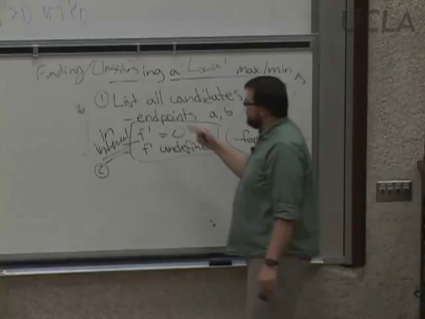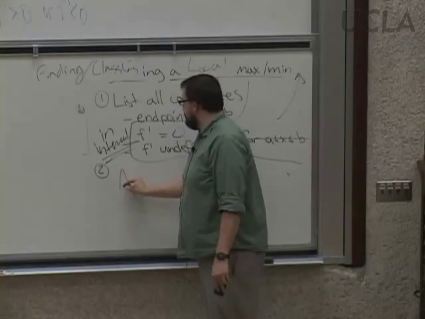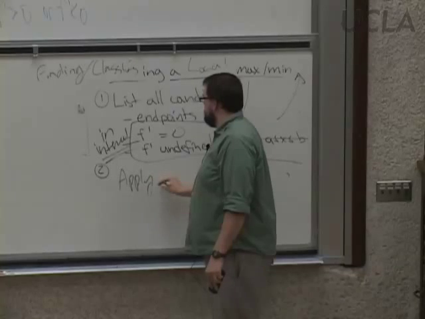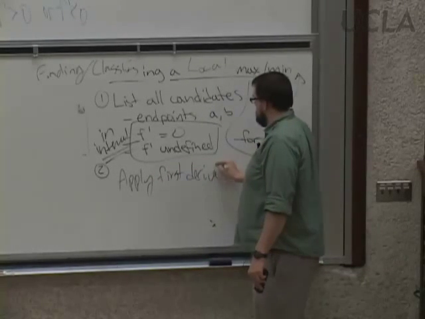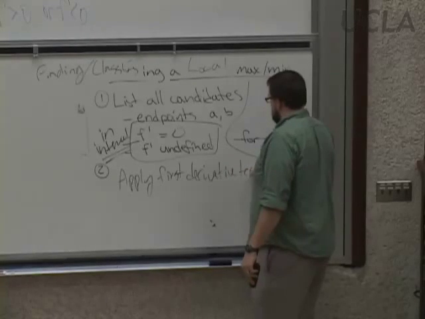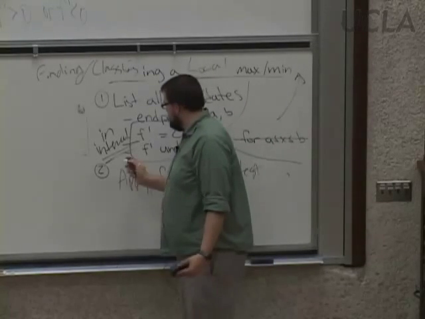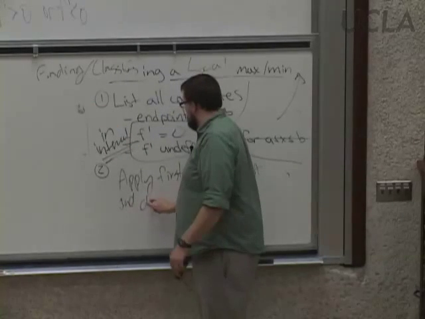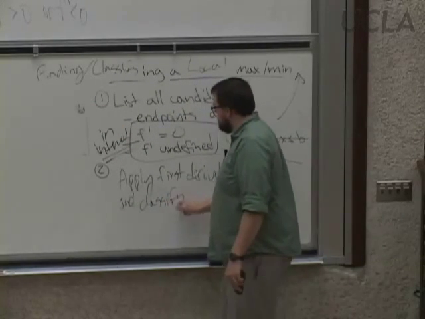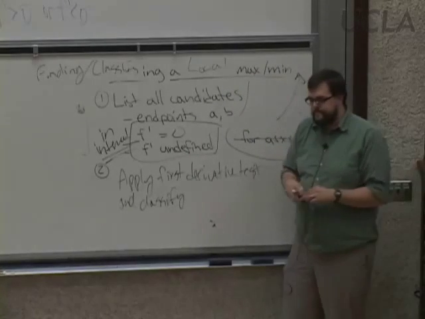This is where they are, but we need to figure out what they are. And now you apply the first derivative test and classify. And what's the first derivative test? It's simply look at the derivative to the left and to the right of every single critical point.